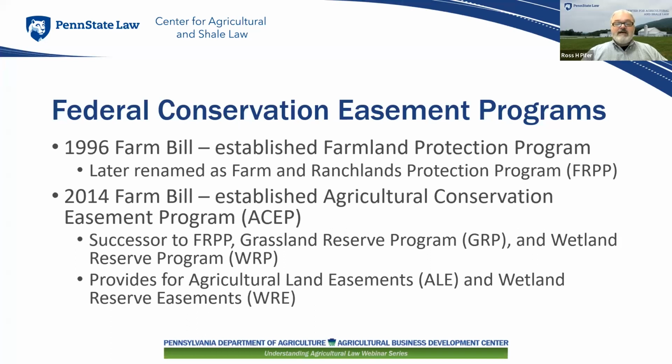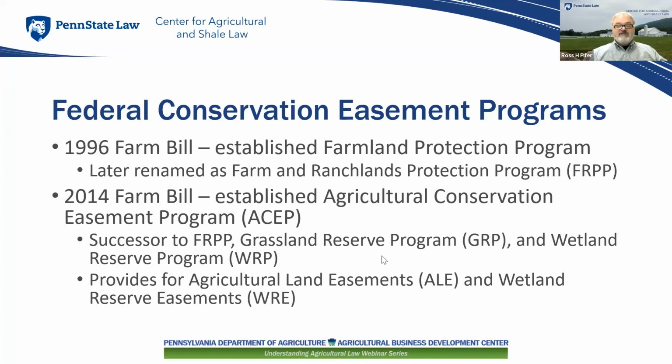In the 2014 Farm Bill, a lot of the existing programs, this Farmland and Ranch Land Protection Program, the Grassland Reserve Program that had been established, the Wetland Reserve Program, all of these various purchase of easement programs that were administered by USDA were consolidated into the Ag Conservation Easement Program.